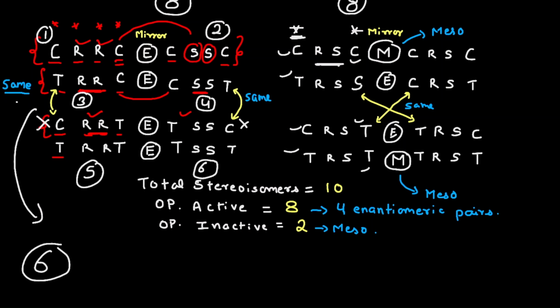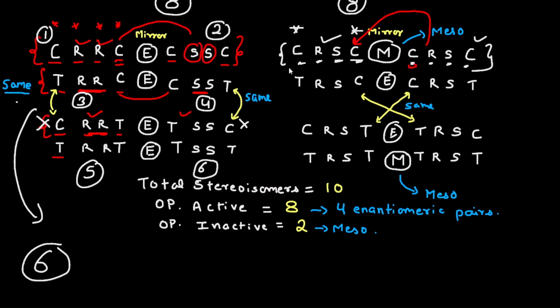Similarly, as we did in the previous column, we will take the mirror image. So first I have taken the mirror image. C will give rise to C, S will give rise to S, R will give rise to R, and C will give rise to C. Once you see these two mirror images, you will immediately recognize that if you take this and put it on this, both are ditto on each other.